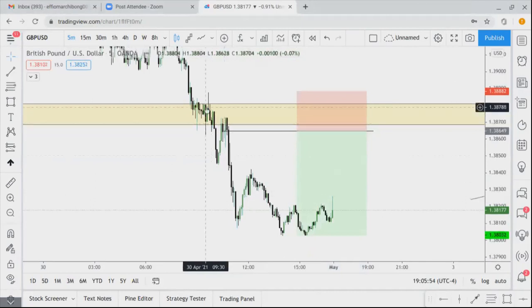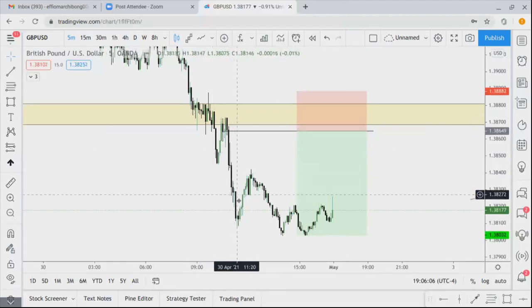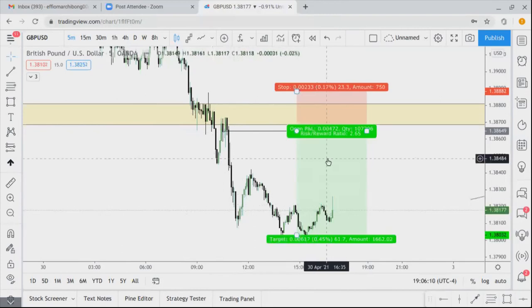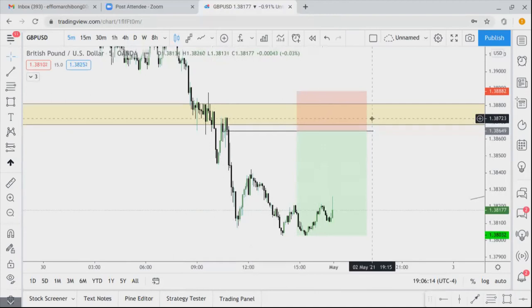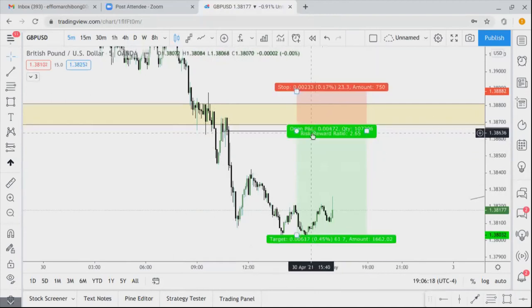So this formed a resistance here, like I told you guys. What do you have here? Bearish engulfing. The market came back and retested its engulfing, came all the way down. What's going to happen is I want to see this market shoot all the way up here, come back and retest the zone, and then most likely I'm going to sell the market from here. But I'm not just going to put a sell limit down.